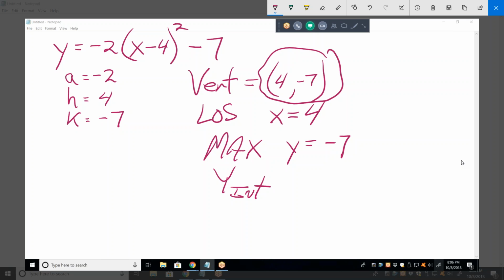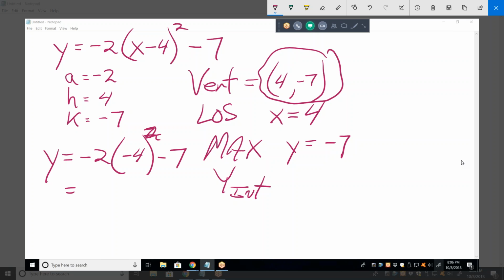This is the only one you have to do any math on. So the y-intercept is -2 parentheses 0 minus 4 parentheses squared minus 7. I don't need to put the 0 in there necessarily. Okay, do that math.